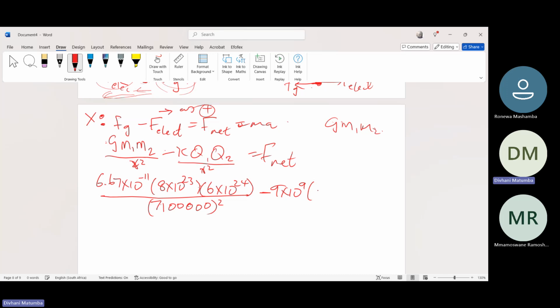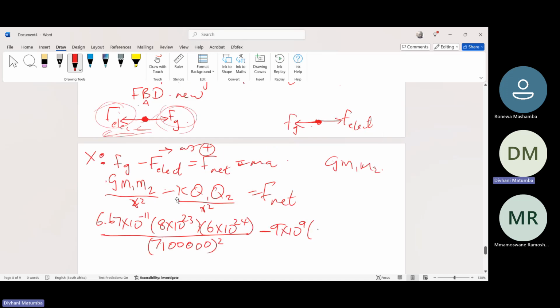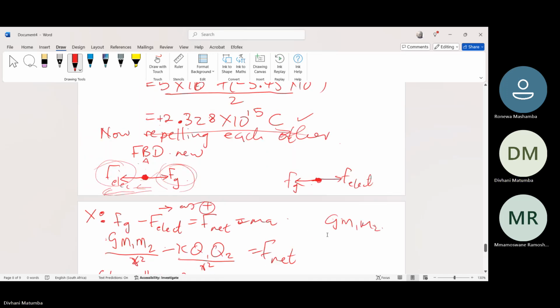What is Q1 and Q2? What will be the value of Q1?